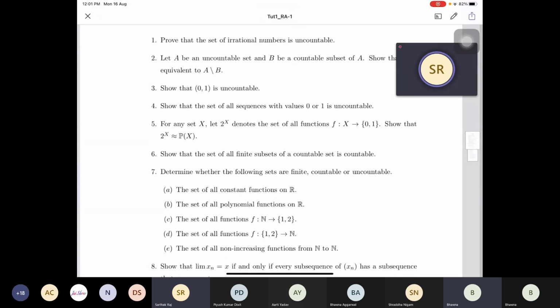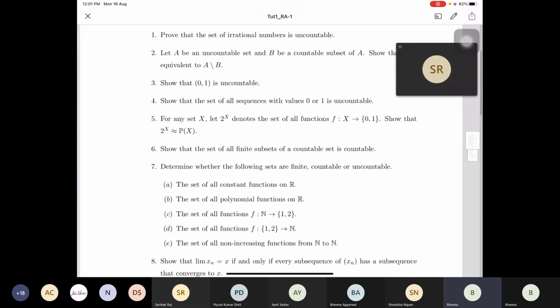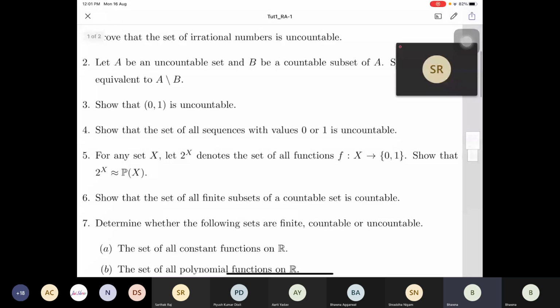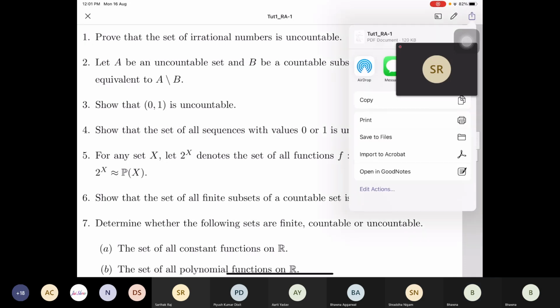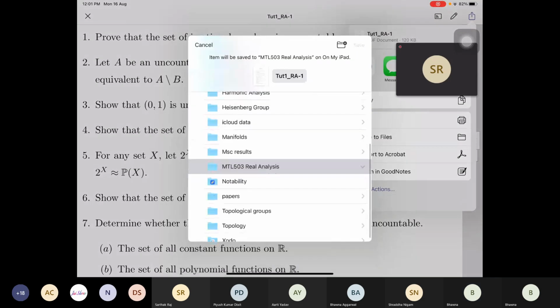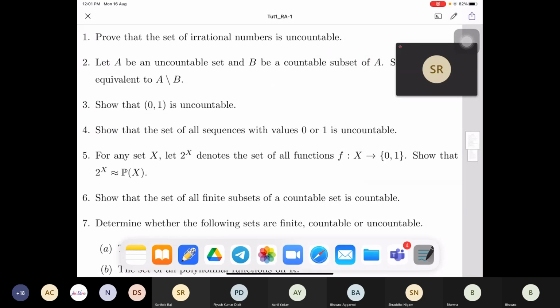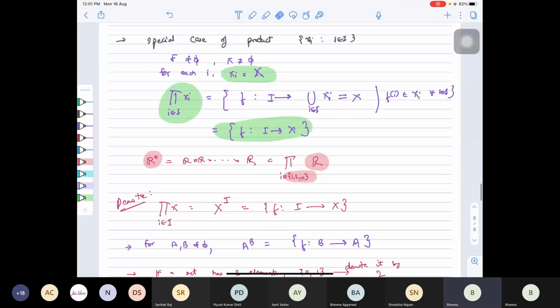Oh, I just forgot. But the last time I told you, see problem number 5 here. Problem number 5 says that for any set X, 2 to the power X denotes the set of all functions from X to {0, 1}. This is what I stated last time, right?